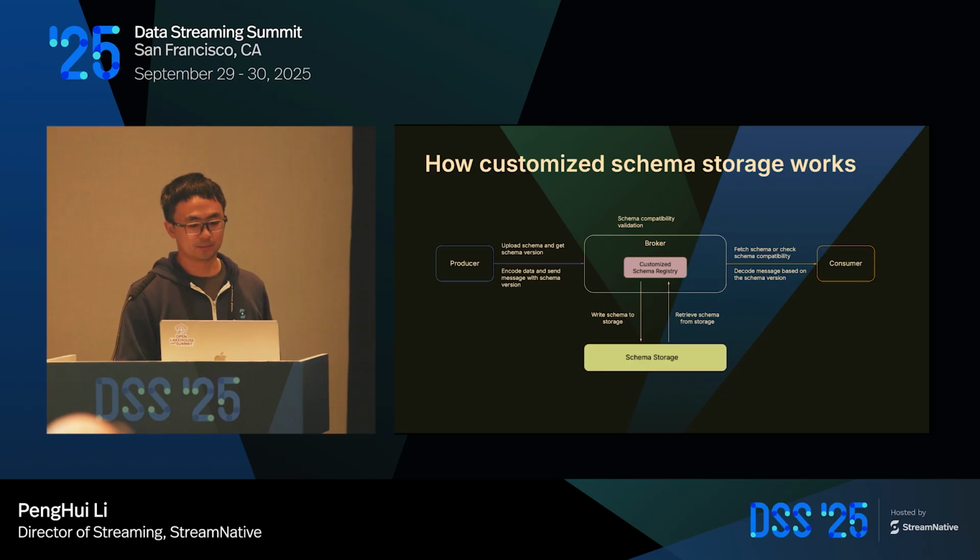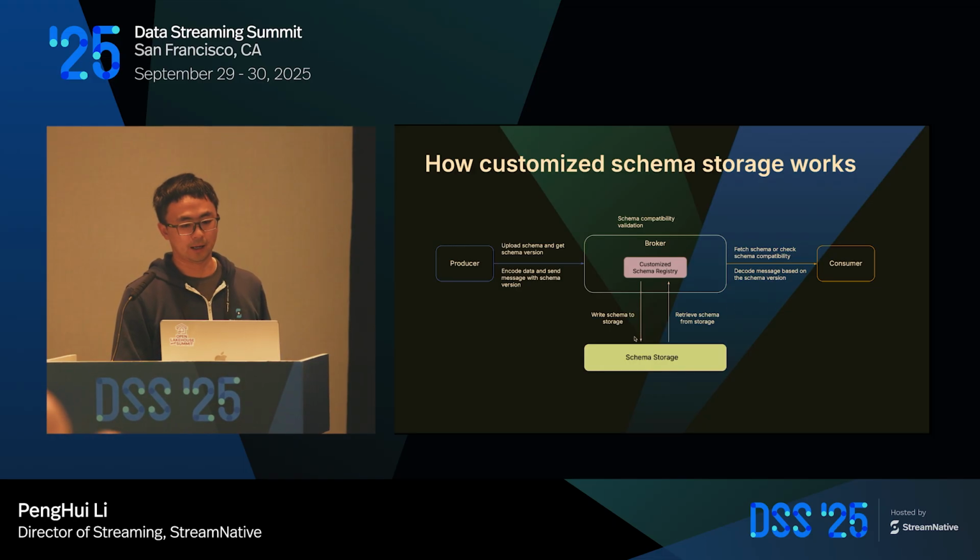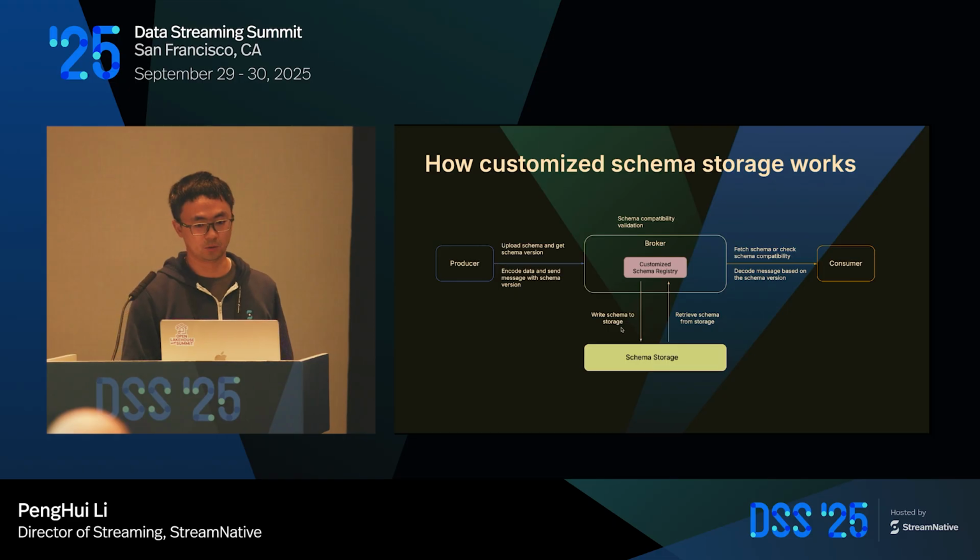You can customize the schema registry implementation based on the API defined to store your schema or get your schema from the schema storage. It's available for Pulsar. For the producer and consumer, everything is the same. But you can write a plugin for the broker that follows this schema storage API and stores your schema somewhere else, as you want.